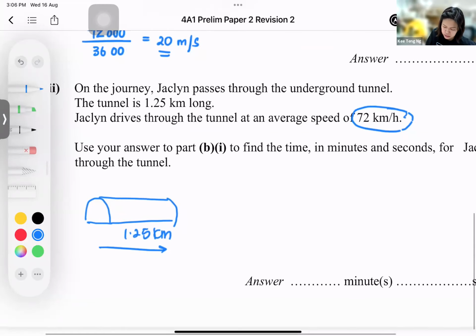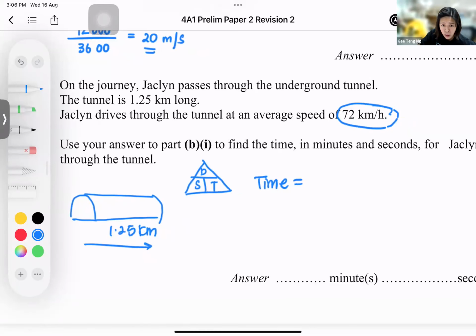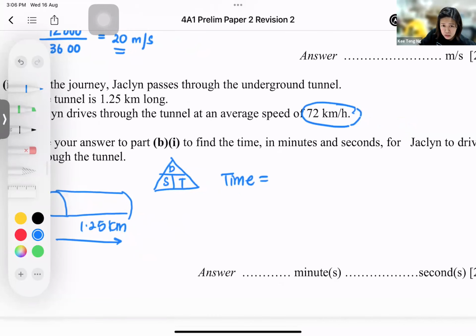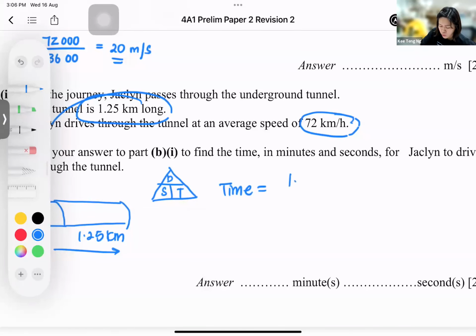How do you find time? Time is given by distance divided by speed. The distance is how much? They give you 1.25 kilometer, divided by the speed.